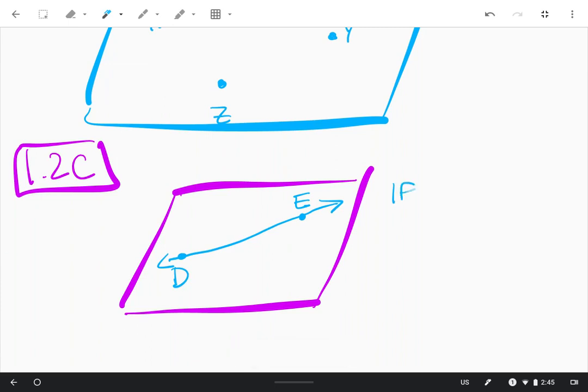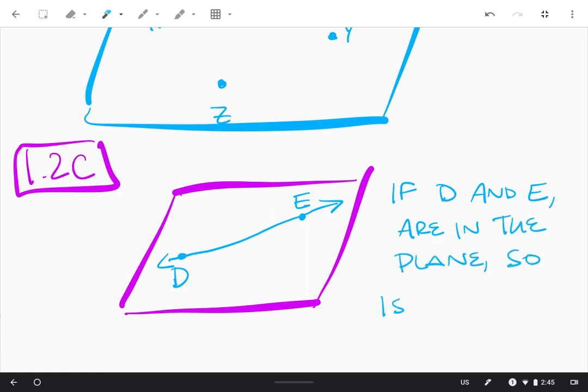So in other words, if D and E are in the plane, so is line DE. And that is what we see here. All right.